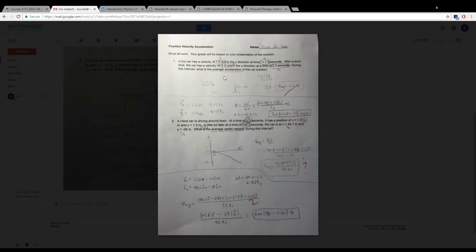And in this question, I'm trying to find the average acceleration of this car.